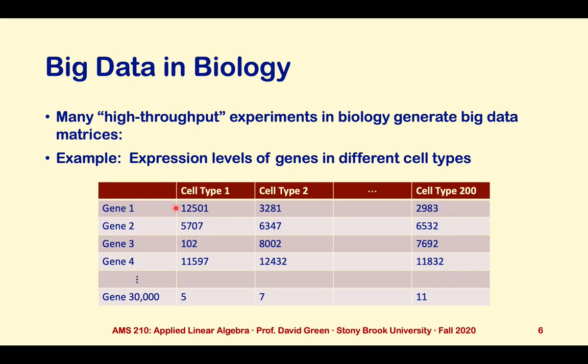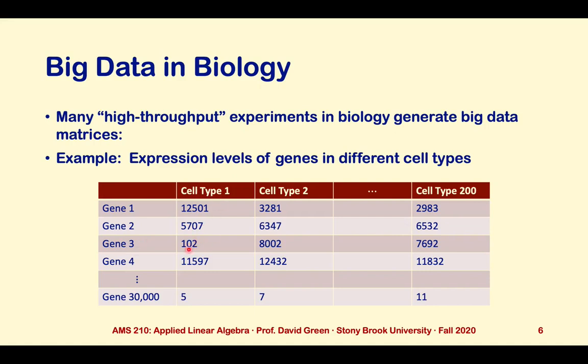And experiments can be designed that measure how much each gene is turned on, with some sort of value that represents a measurement of how much this gene is expressed or turned on in each cell. And so we might have genes, for example, that have high values in one type and lower values in some other types. We may have genes that have similar values in all types.